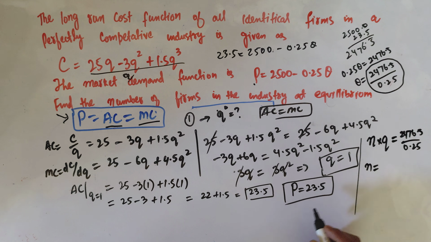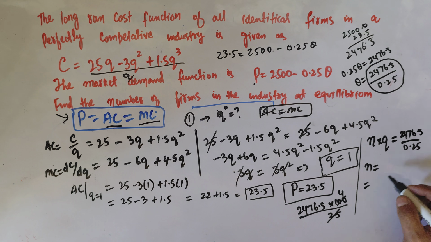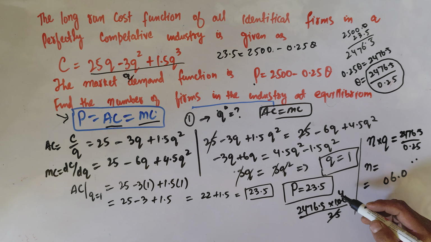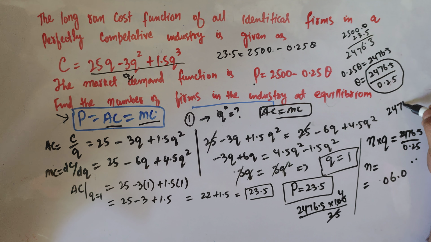Dividing by 0.25 is the same as multiplying by 4, so we should get 2476.5 into 4. When we solve this, we will get the number of firms.